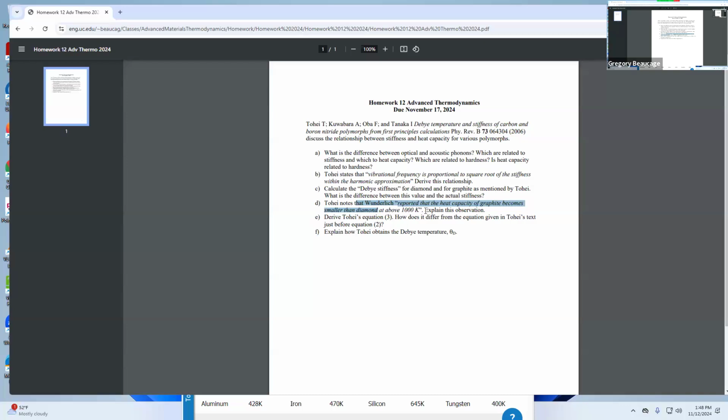This is the thing about graphite and diamond. Anyway, so equations 3 and 2 are the Debye equation. So it says derive the Debye equation, which is what I did, like the wiki page derivation. And then how does he get the Debye temperature? He gets it from a modulus thing. So anyway, that's it for that.